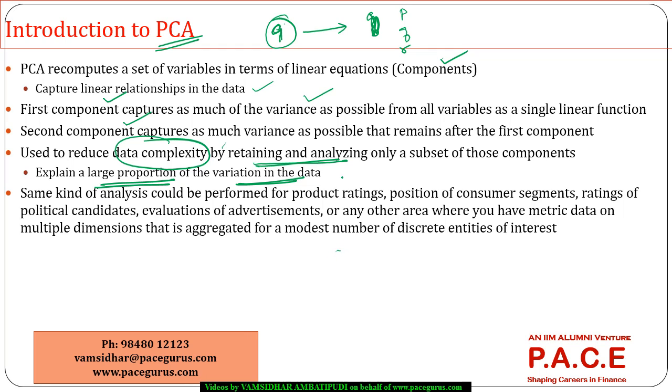We are using it right now for brand ratings, but looking at different applications, I can use the same concept for rating my products, for positioning my segments of customers, for rating political candidates, or evaluating various advertisement campaigns. The major thing to look at is that I have metric data available in multiple dimensions, so multiple variables capturing the data regarding a very small number of discrete entities.